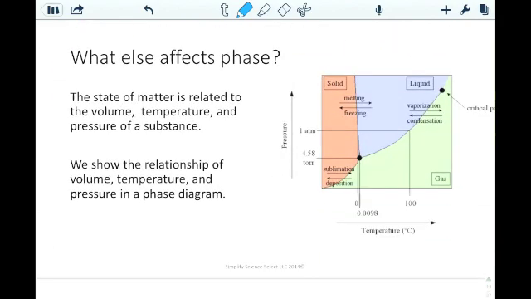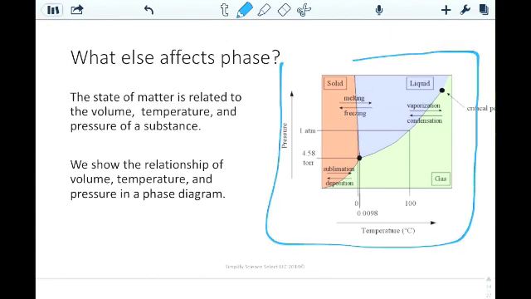Okay, what else affects phase? So let's look at this. This is a phase diagram, this graph over here, and we need to know very specific things about it. The reason we see it is that now, instead of just looking at temperature and time, or temperature and heat input, what we're looking at is pressure and temperature.